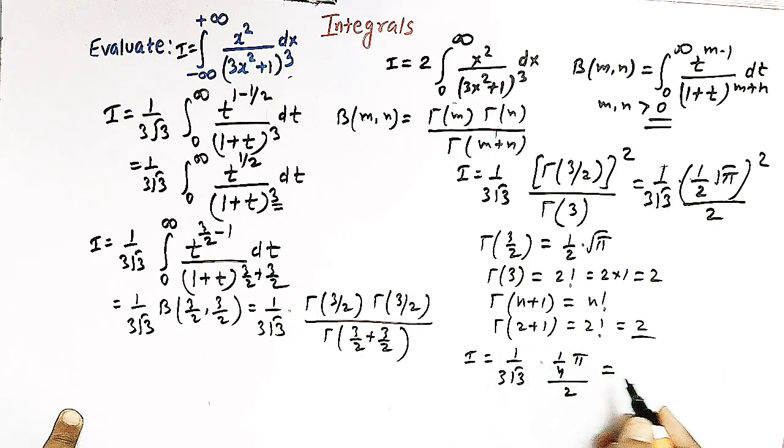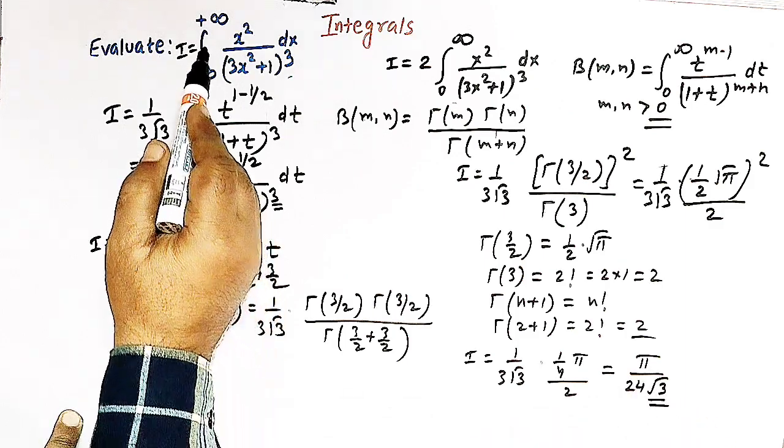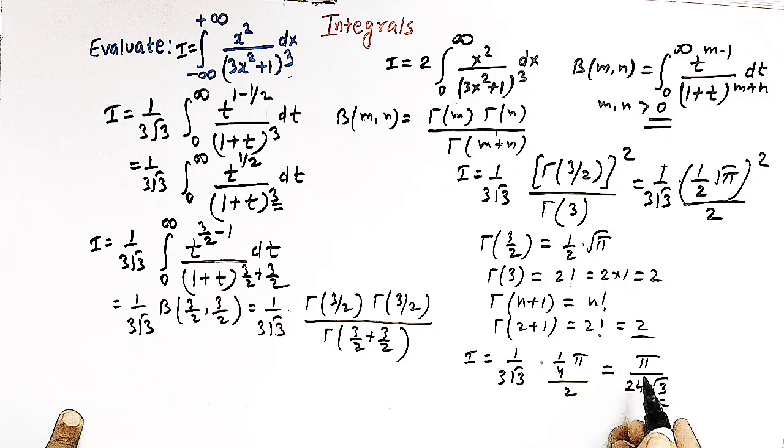So simplifying this, we have pi over 4 times 2 is 8, 8 times 3 is 24. So we have 24 root 3. So the value of this integral is given by pi over 24 times square root of 3.